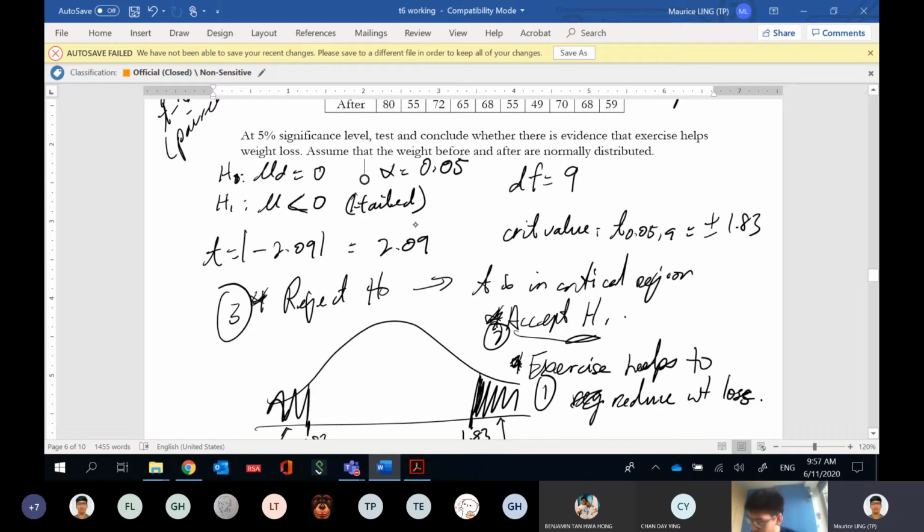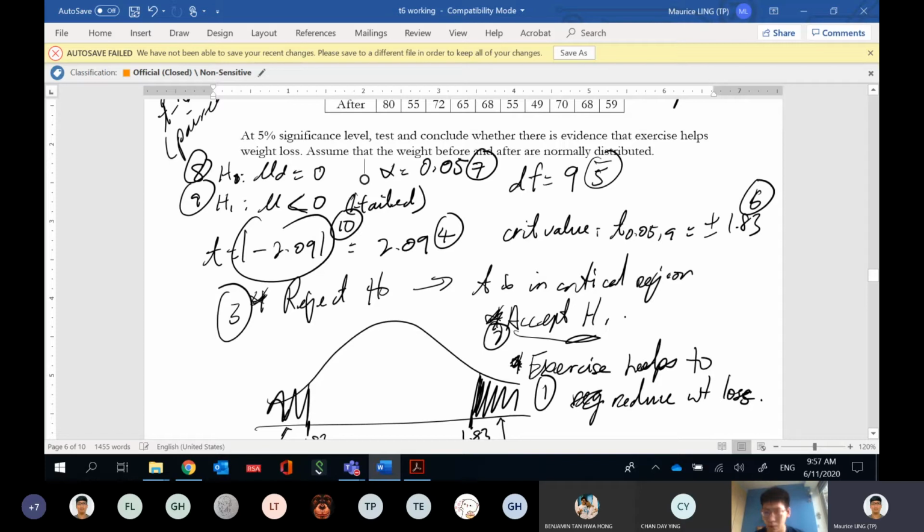This is 4 marks. Degrees of freedom is 5 marks. This is 6 marks, this is 7 marks, this is 8 marks, this is 9 marks. And then the formula you get correct is 10 marks. So this is a 10 mark question.